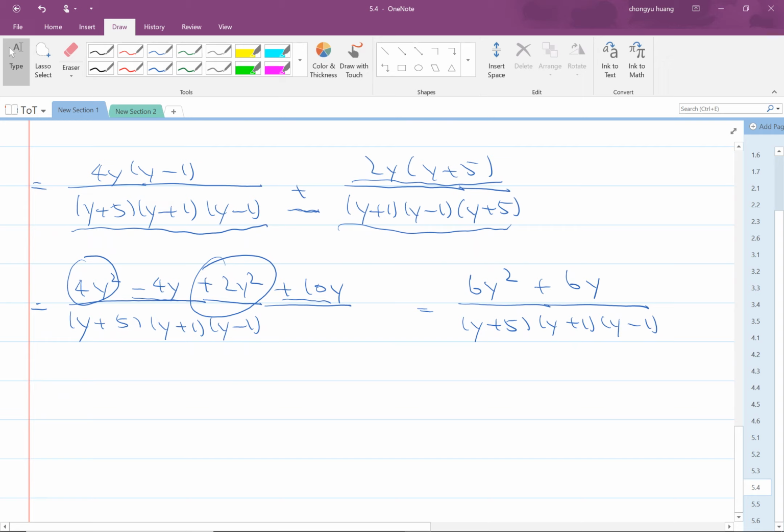Basically, you have to examine the whole term by yourself, and then see if there is any way you can simplify more. Over here you can see on the numerator we can factor out a 6y and then make it become y plus 1, and then you write down the denominator.